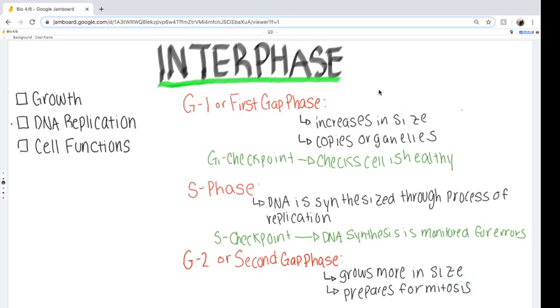And of course, the cell goes into a G2 checkpoint as well. This is the final check to make sure all the chromosomes are fully replicated with no damage.